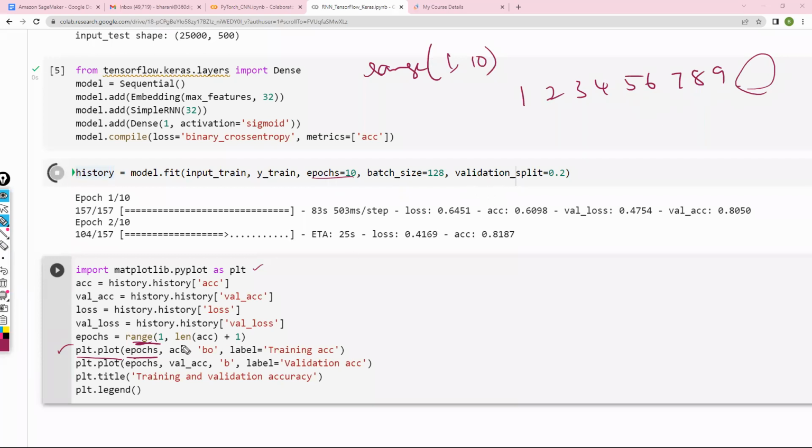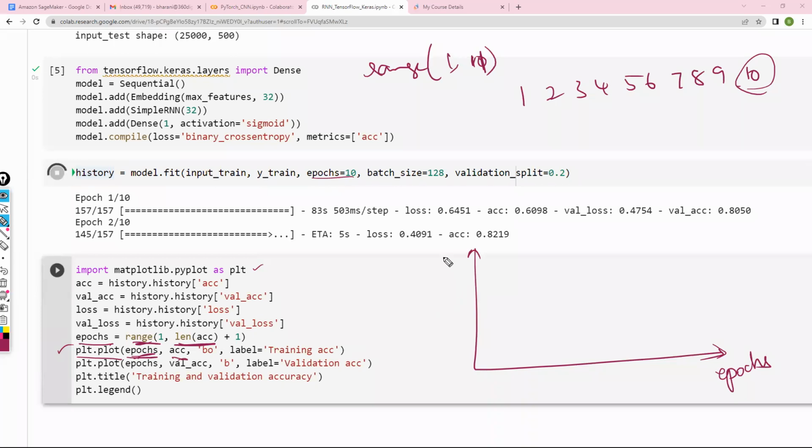That is why you're saying length of accuracy. You'll have 10 different accuracies because you have 10 epochs, plus 1 is 11. If you go until 11, then it will print until 10. So those are epochs. Those will be on your x-axis, the number of epochs. And on your y-axis, you want the accuracy values to be printed. And you want blue color circles.